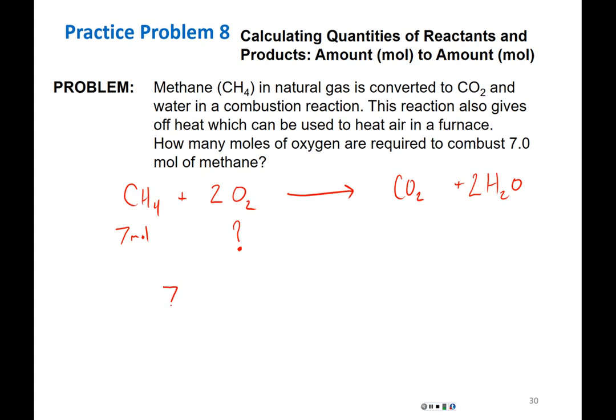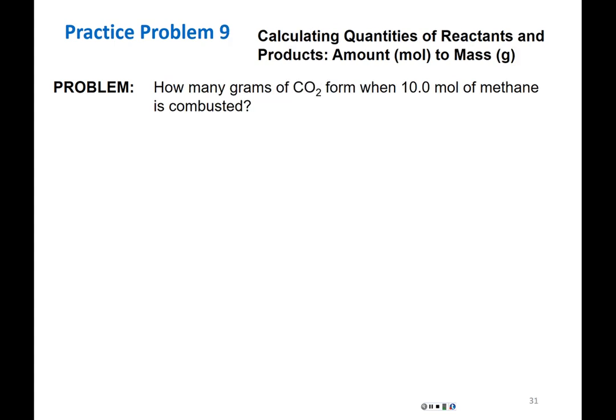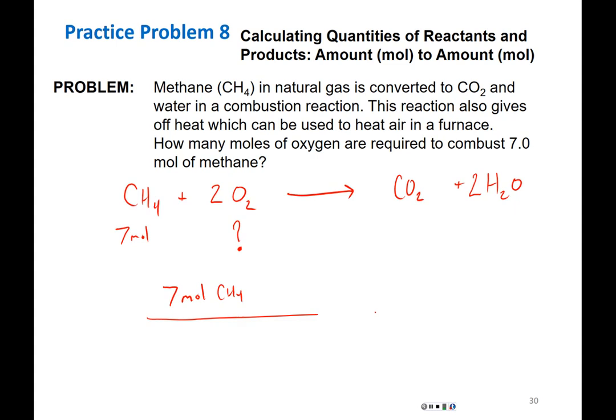So you can think of this as a conversion. 7 moles of CH4, and just do like you would the dimensional analysis, right? And the ratio, given the chemical equation, we have a 2 in front of O2, so we get 2 moles of O2 for every 1 mole of CH4.